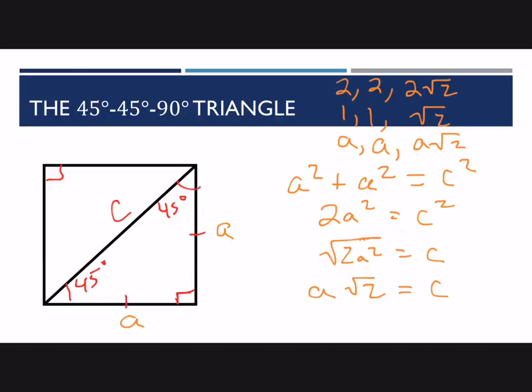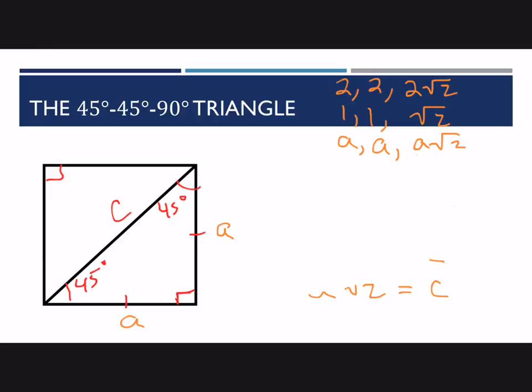Okay. So if you try to reduce all of these, like if you treat them like ratios and then reduce them, all of them are in the ratio of 1 to 1 to square root of 2, where 1 and 1 are the legs, and square root 2 represents the hypotenuse. Okay.